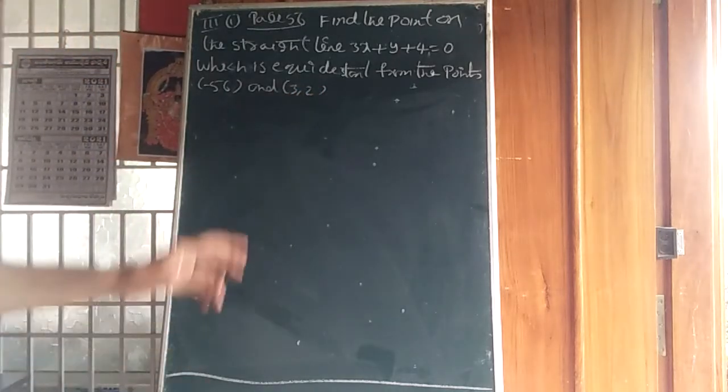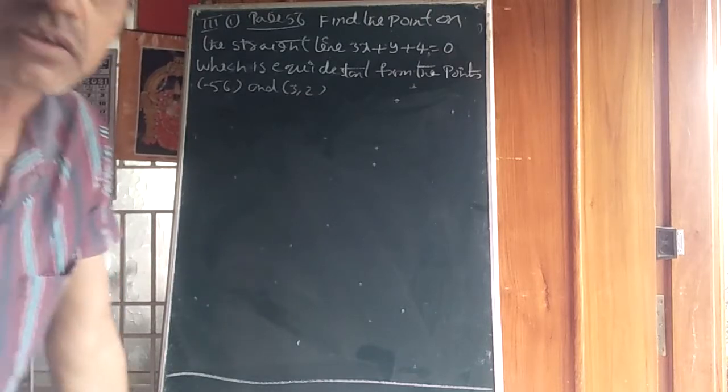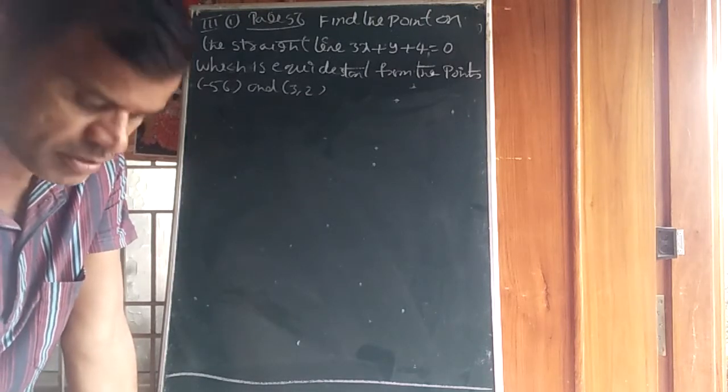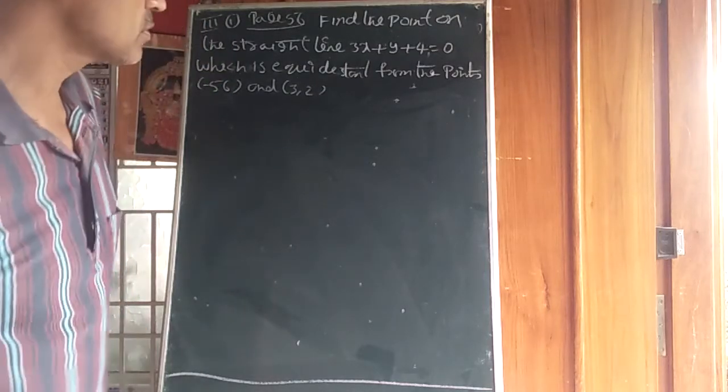Find the point. Only one point we need to calculate, which is on the straight line and equidistant from the given points.